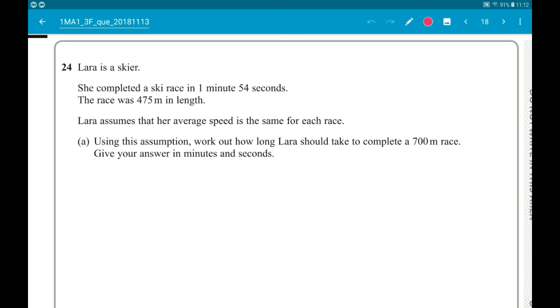So from that, she can go 475 meters in 114 seconds.